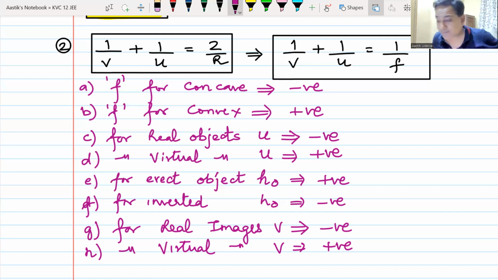We are noting down as many things as possible because this chapter is all about remembering the stuff. The next thing that we are going to understand is known as magnification. Point number 3 is magnification.